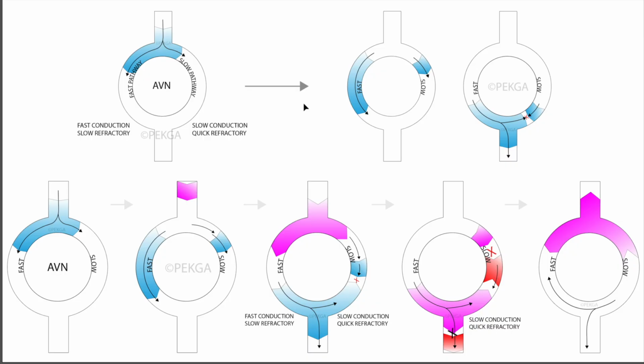Again, SVT, a very broad term. And this is something that hopefully we'll be going into a lesson where we're going to be talking about SVT, just about SVT. This is a little bit complex to understand what's going on here.